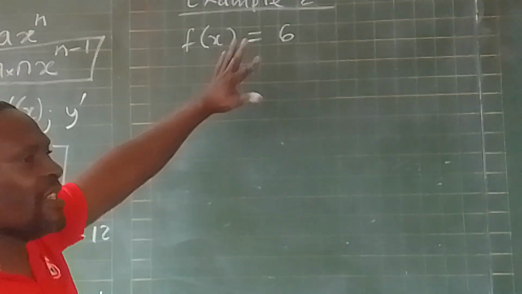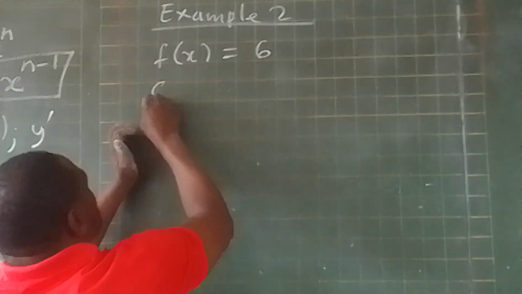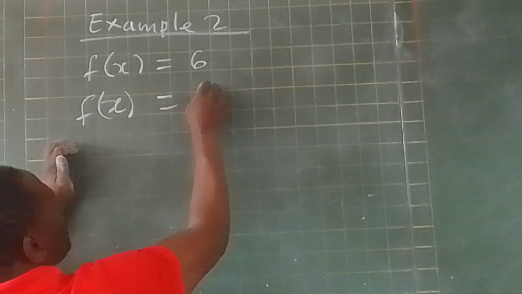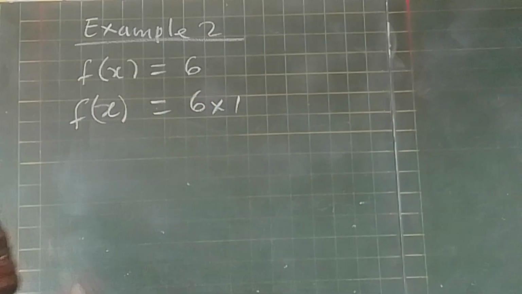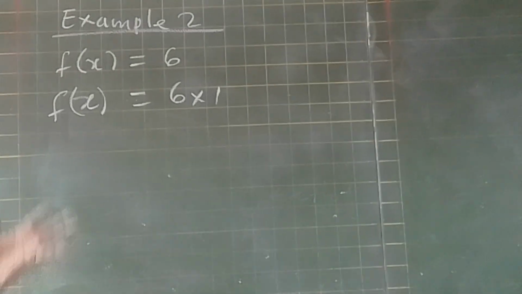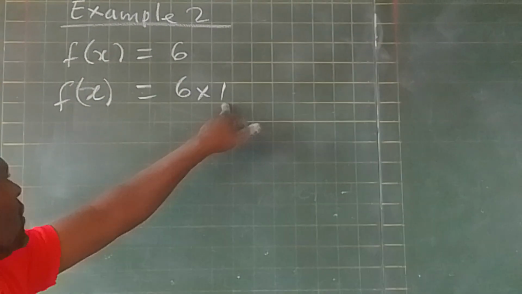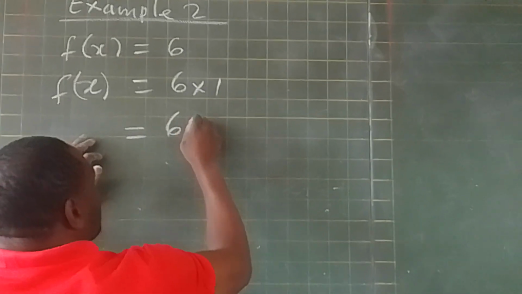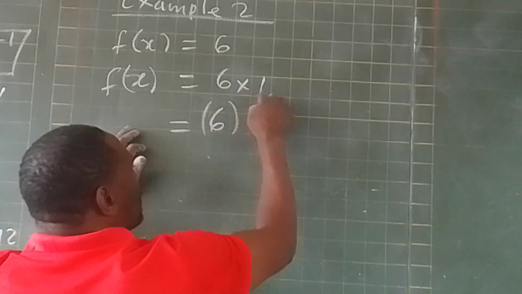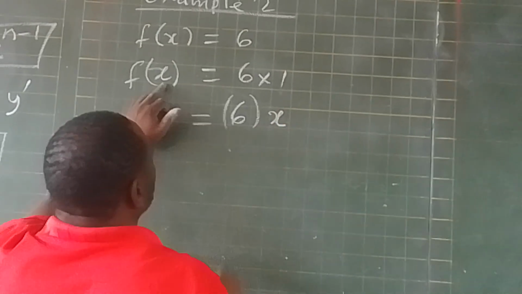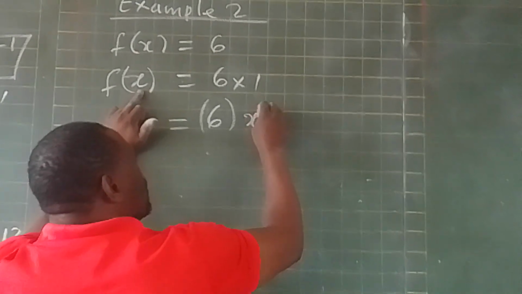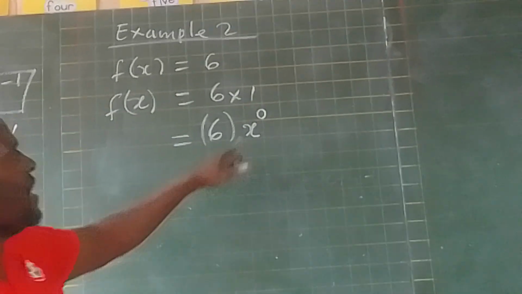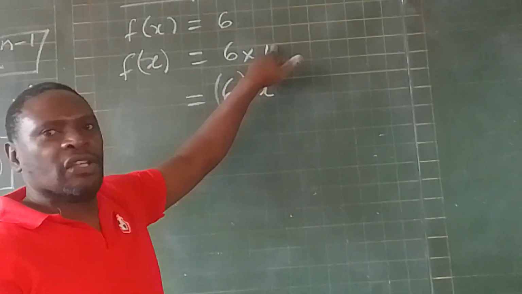Let's see how it comes about. f of x is equal to 6 times 1. 6 times 1 is 6, of course. Because we are differentiating with respect to x, x here is to the power 0. Any number raised to the power of 0 is 1.